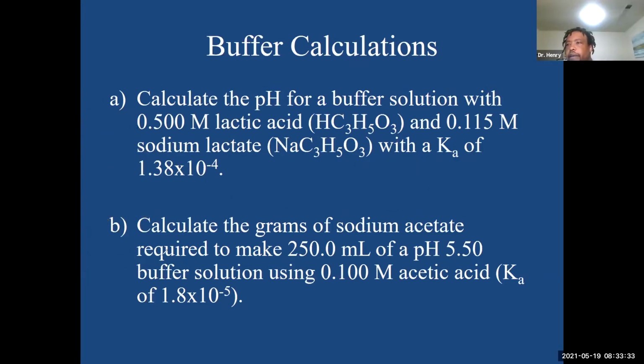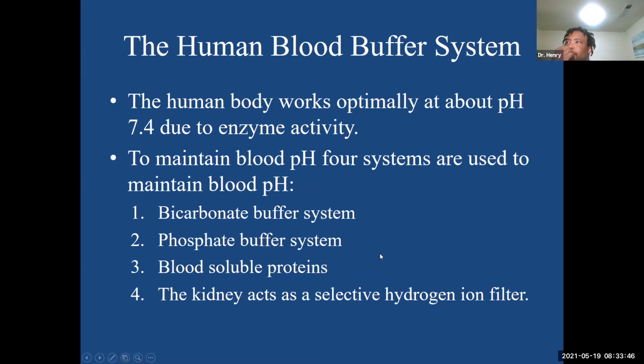Okay, so I'm going to say that bottom problem is going to work the same way. The only thing different is that you're going to be calculating grams of sodium acetate towards the end of the problem. Okay, so let's see. I told you about your blood. Your blood is pH 7.4, roughly. That's what I've learned in school.